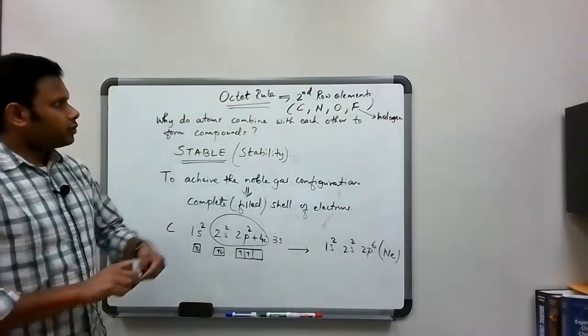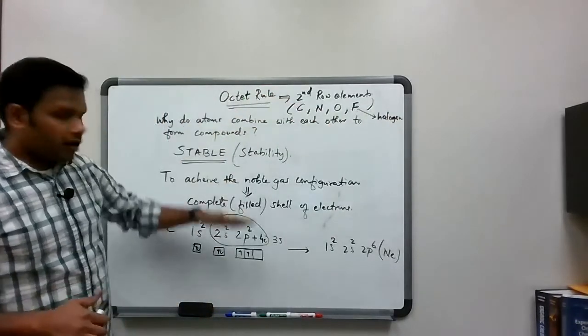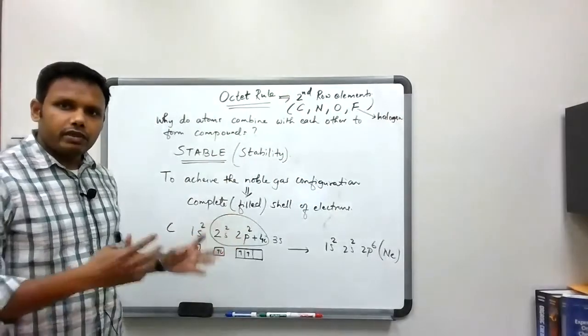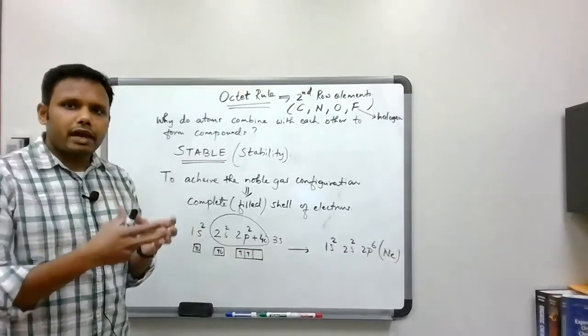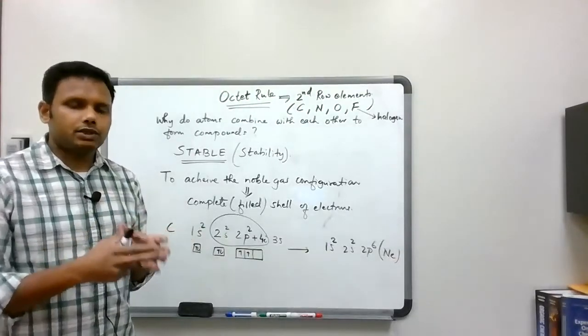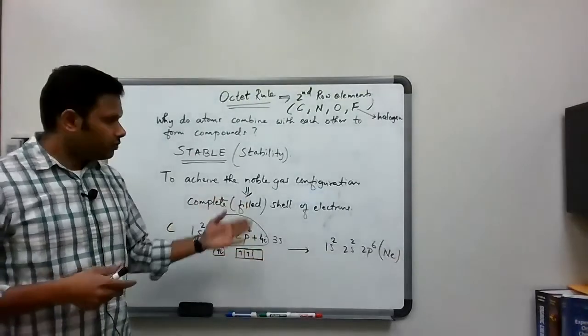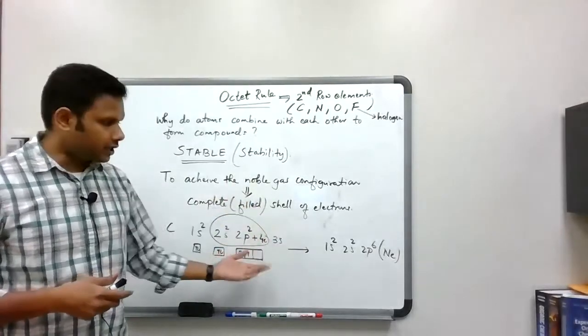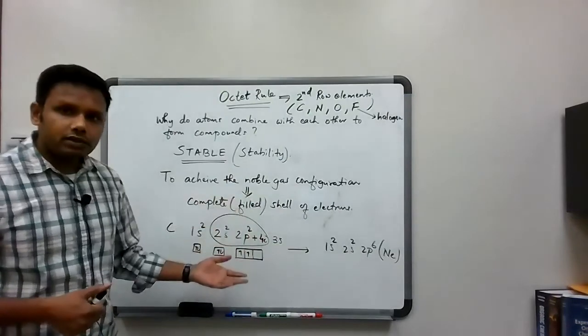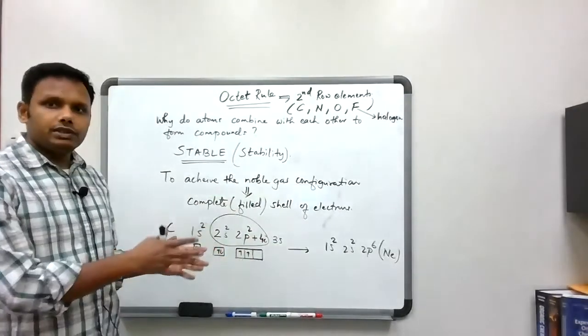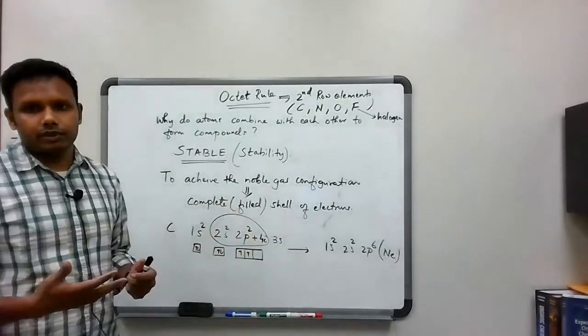Okay, so for all of these elements, the octet rule applies because when they form compounds, they're trying to get to that magic number of 8 electrons in the valence shell, which is a complete shell of electrons. Now, how would this octet rule be achieved? We're going to discuss that in a subsequent video.